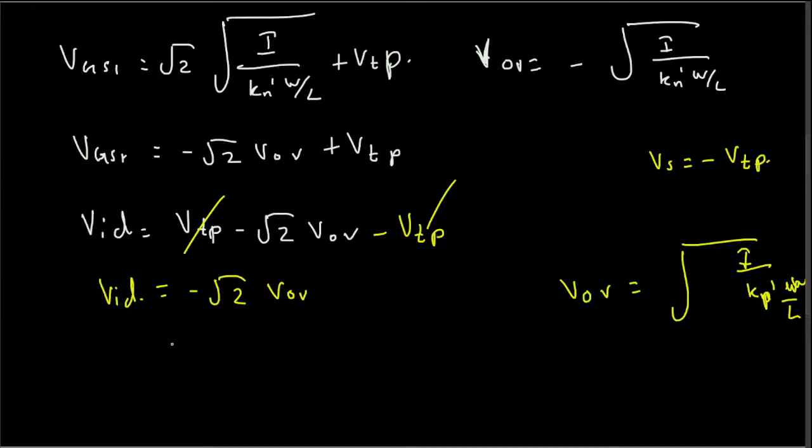Okay, so let's substitute that one over here. So this is going to be negative square root of 2. Instead of VOV I substitute this one, and that is going to be square root of 2, square root of I over Kp prime W over L. Okay, and we can bring this square root of 2 inside as well and write it as 2. That way it will be easier.